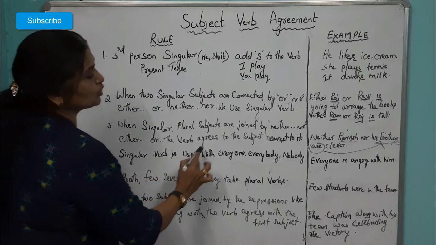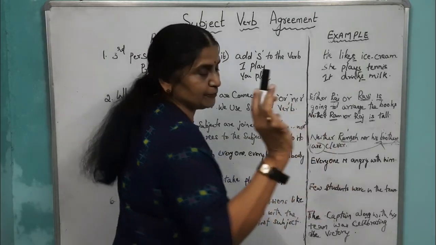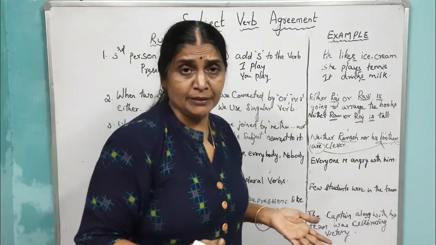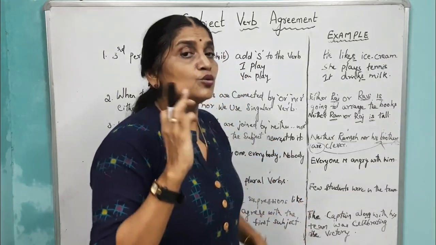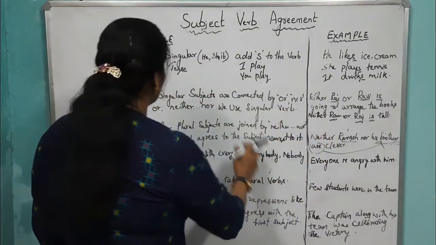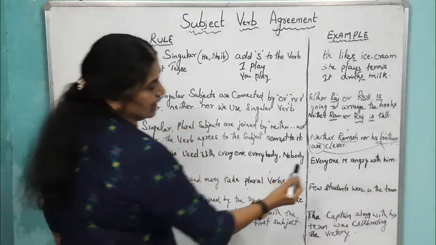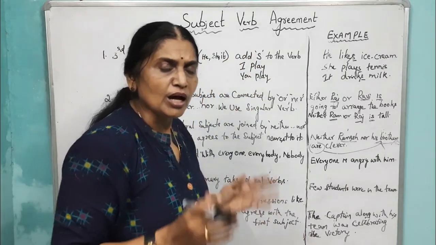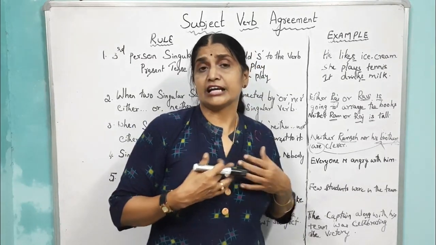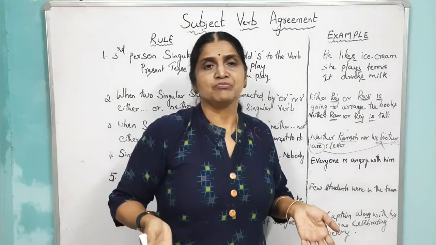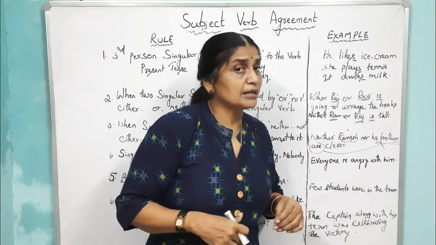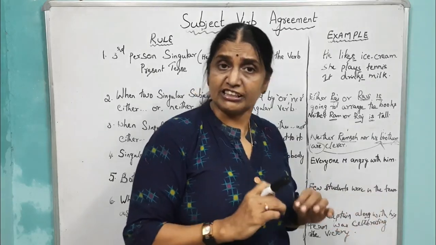Singular verb is used with everyone, everybody, nobody. For all these subjects, you have to use a singular verb only. For example, everyone is angry with him. We may think that everyone means all the people, so how can it be singular? So "everyone are angry" is usually a mistake committed by people when they speak or write.